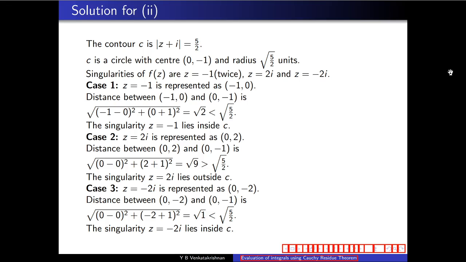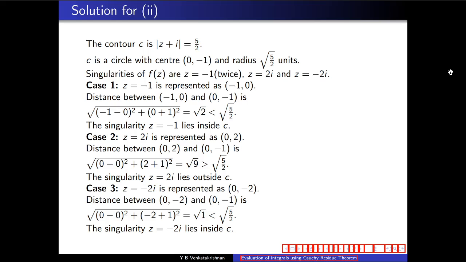Because I am solving the same problem but with a different contour, the singularities will be the same: z is equal to minus 1, z is equal to 2i and z is equal to minus 2i.